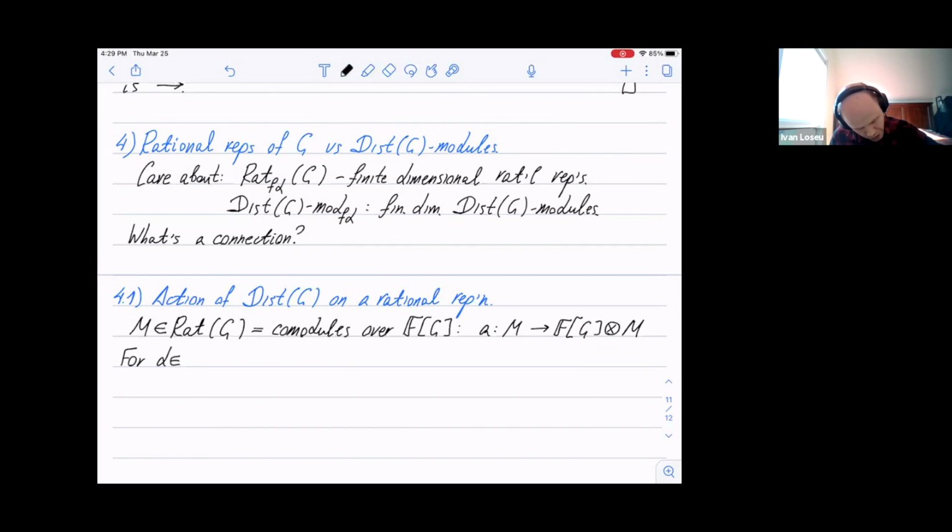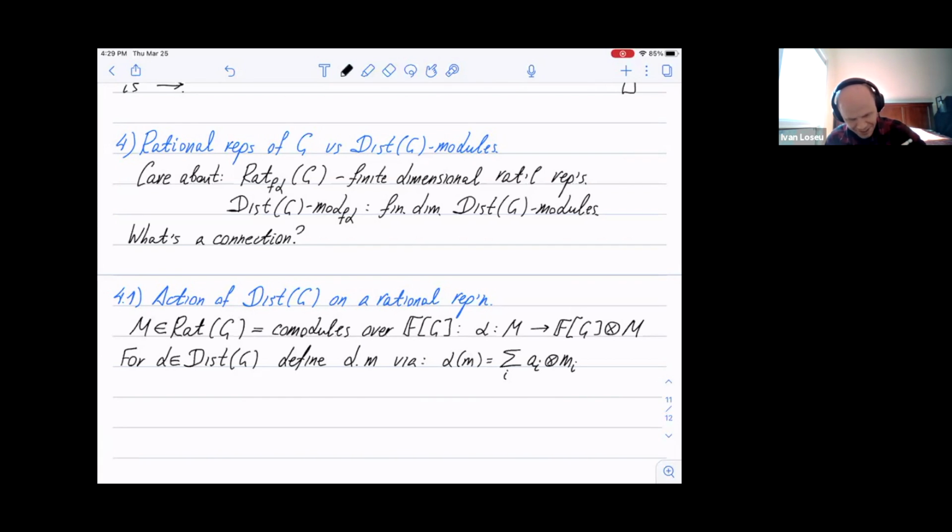So we define, for a distribution D, D applied to m as follows. Maybe let me write alpha for the map instead of A. Let's write alpha of m as the sum over i, a_i times m_i. No, alpha is better.